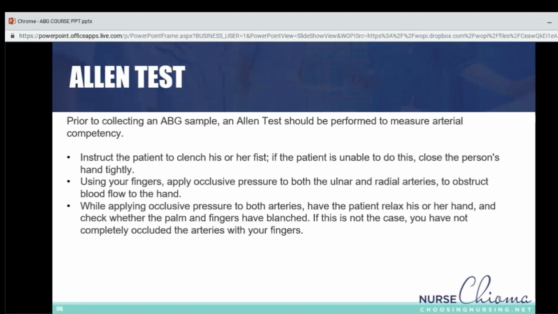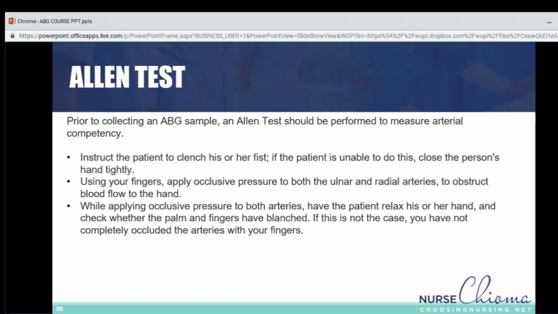Then, using your fingers, you're going to apply occlusive pressure to both the ulnar and the radial arteries to obstruct blood flow to the hand. Then, while you're applying the occlusive pressure to both arteries, you're going to have the patient relax his or her hand and check whether the palm and fingers have blanched.